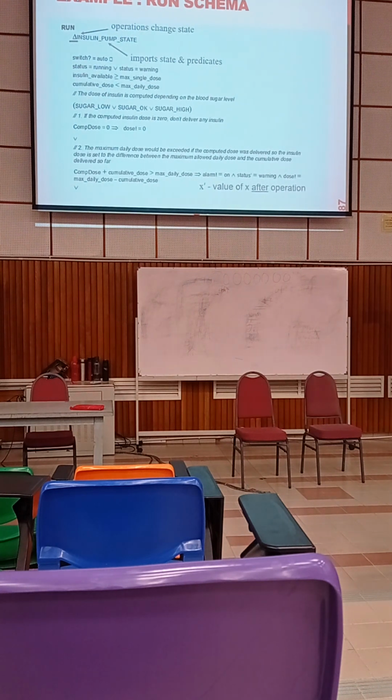What happened? So can anyone try to explain one line? These two lines. Anyone? What is the meaning of status equals running, union, status equals warning? Then insulin available greater than or equal to maximum single dose.